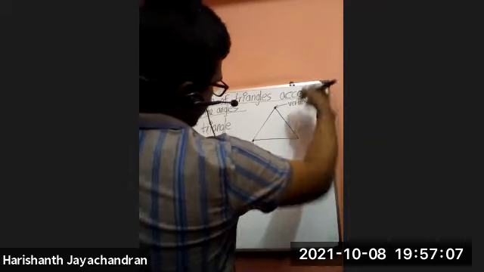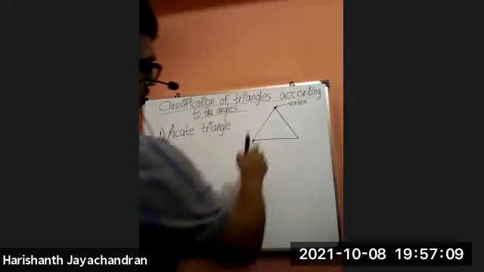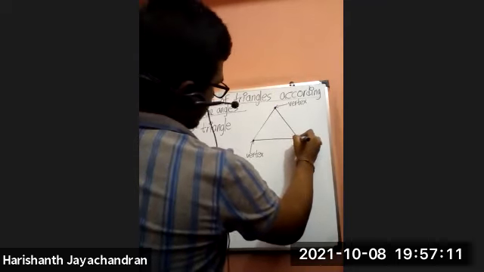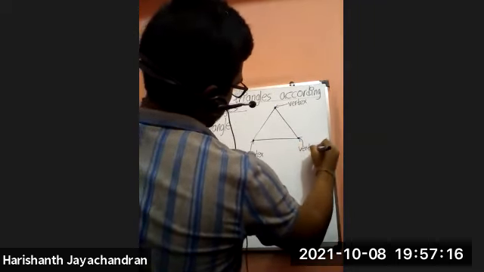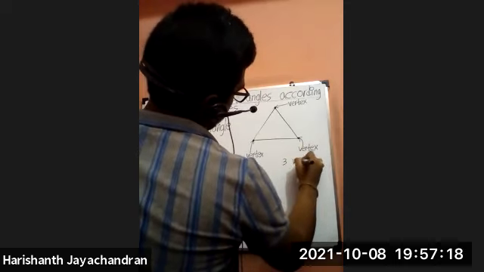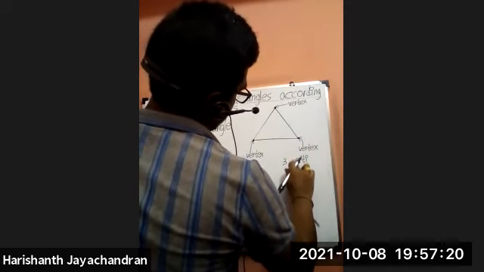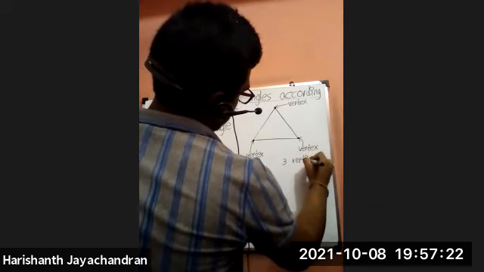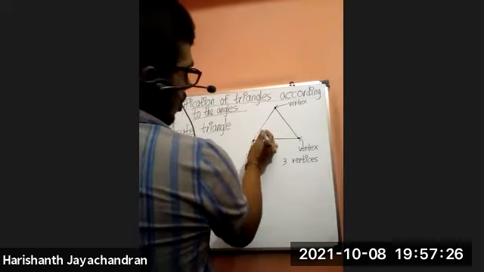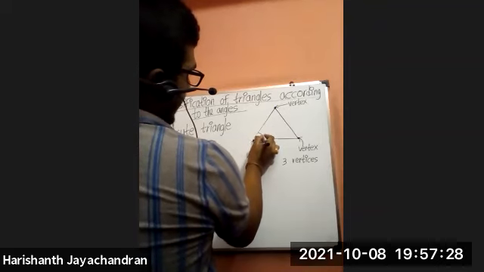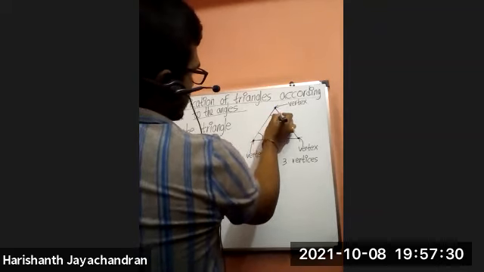The plural form of vertex is vertices. So at each vertex, you can see an angle is being formed, right?